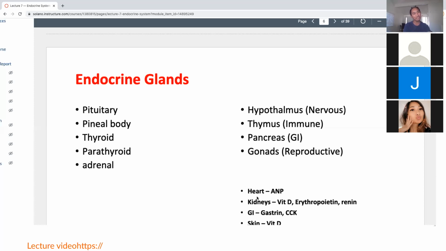So the A and B come from the heart. The same thing, the gastrointestinal tract has gastrin, CCK. The skin does vitamin D production, so it is more like endocrine function. The kidneys make vitamin D and erythropoietin. These produce hormones which are part of the endocrine system.